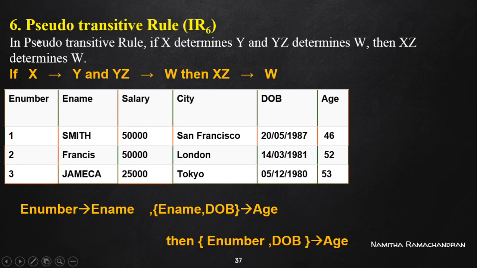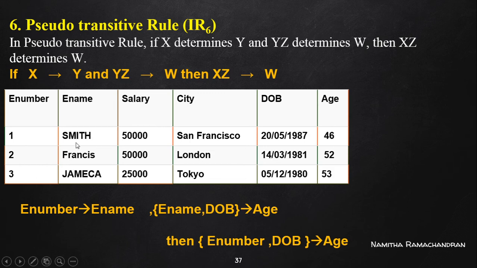With the help of this pseudo-transitive rule, if these two dependencies are given, then we can infer this third dependency here. This is also valid here. Okay, suppose the number is given as 1. From this, we can identify the name of the employee as Smith. Okay, E name, date of birth.